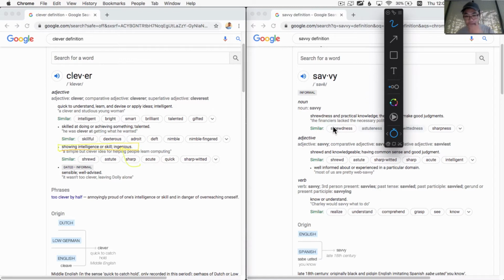Whereas savvy, I'm using savvy to mean shrewdness and practical. The keyword being practical, and common sense. Because, to be more specific, I'm actually going to use savvy to mean knowledge about the business domain, right? Business knowledge.